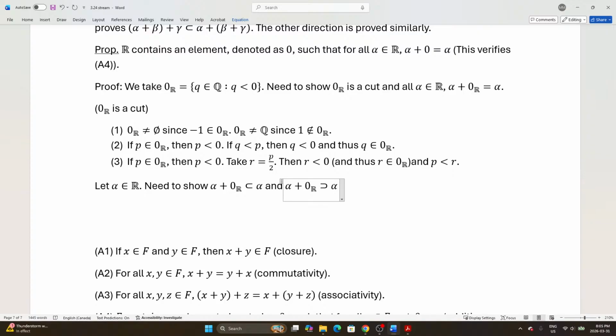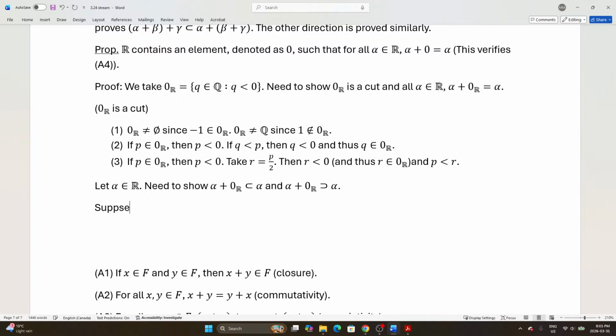Let's prove the first one. Suppose P is in alpha plus 0R. Then P is equal to R plus S for some R in alpha and for some S in 0R.